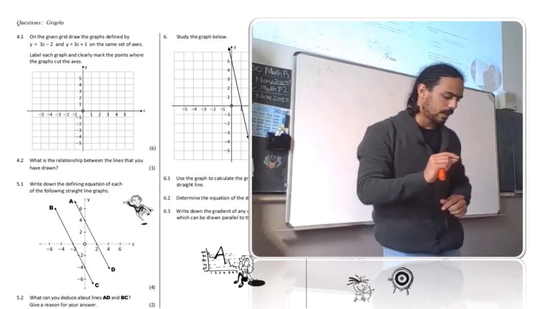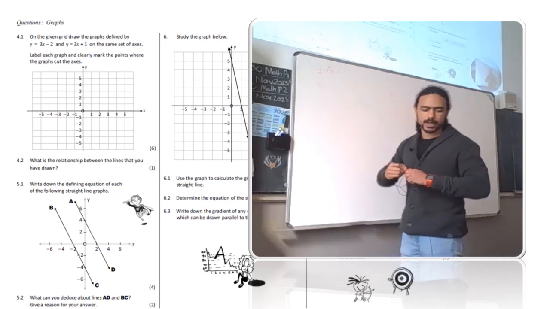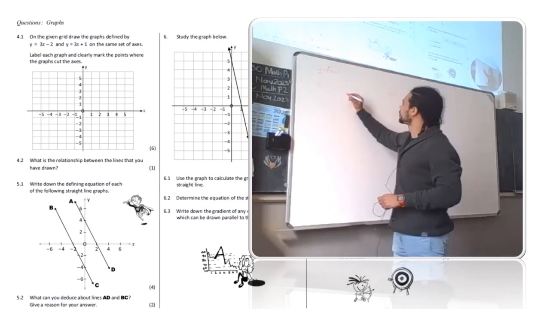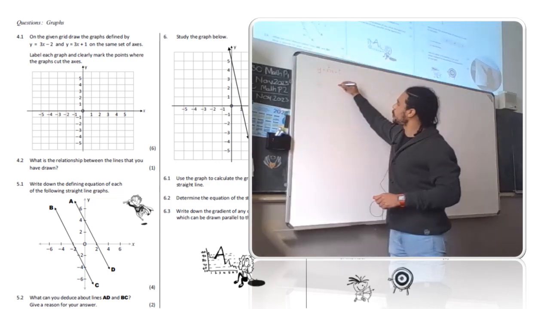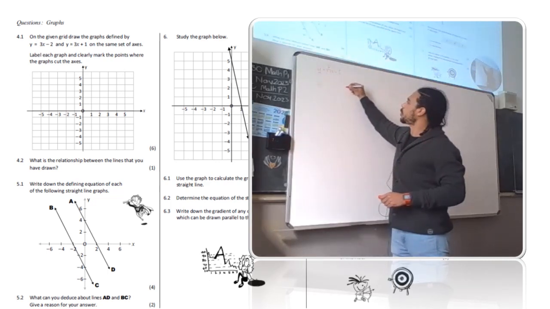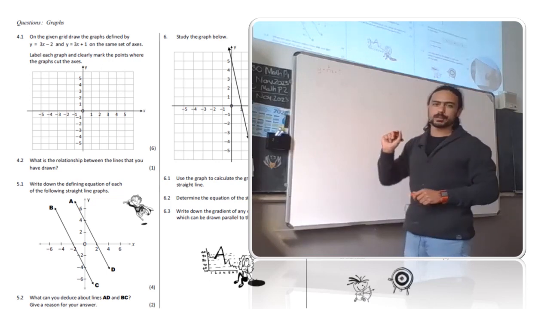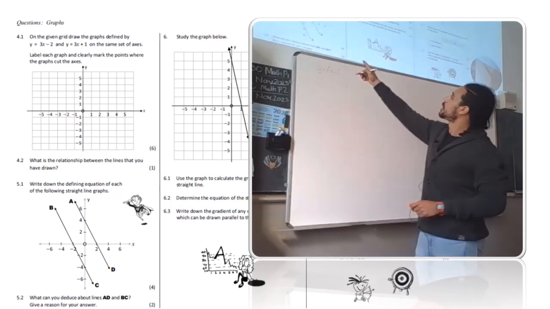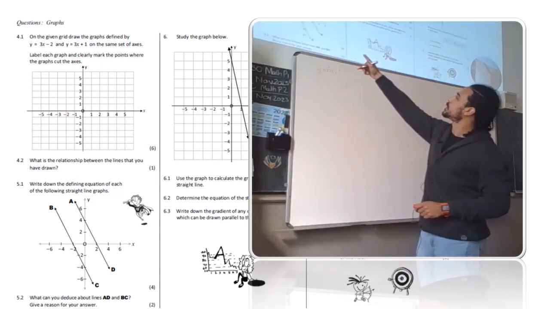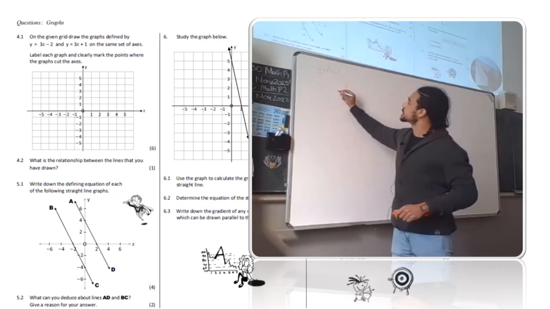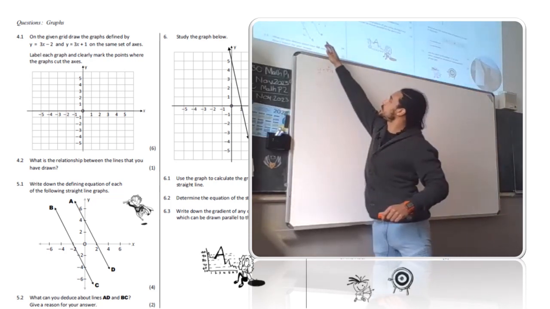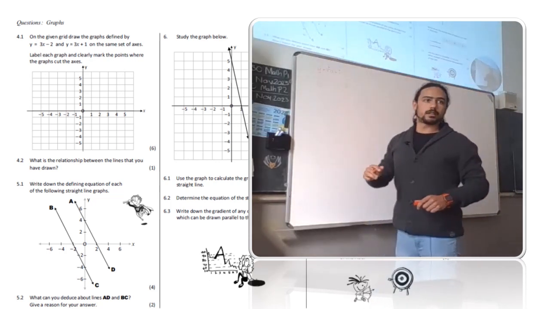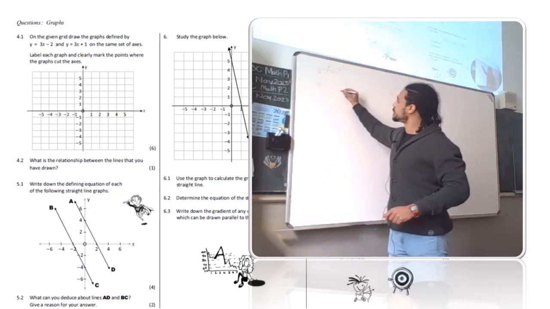Check that again. Remember, coordinates consist of x and y. Now if we look at that coordinate right there, what is the x value there? The x value is 0.